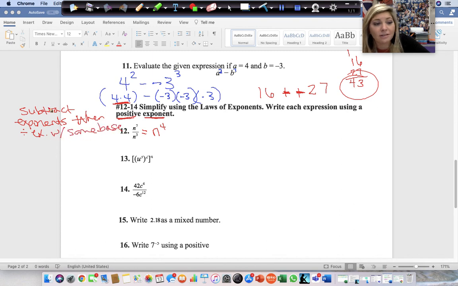That's shorthand, that's me writing quickly, but you get the point. When we are dividing exponents with the same base, which is n, that's our same base, we subtract our exponents.